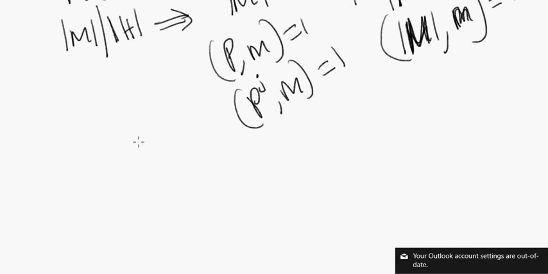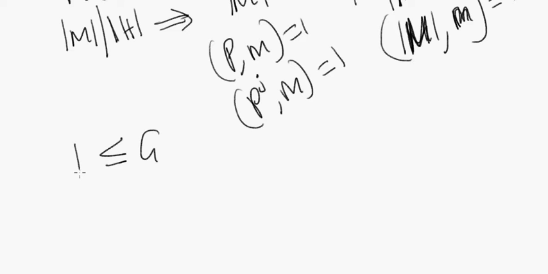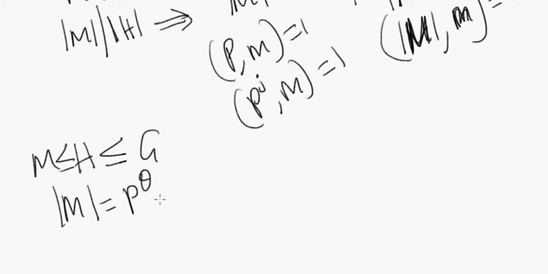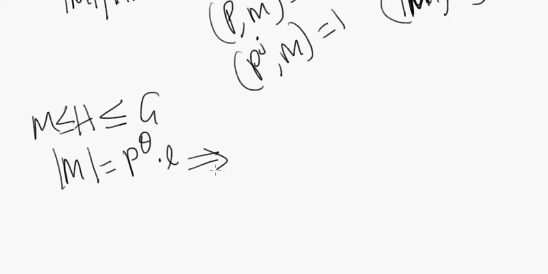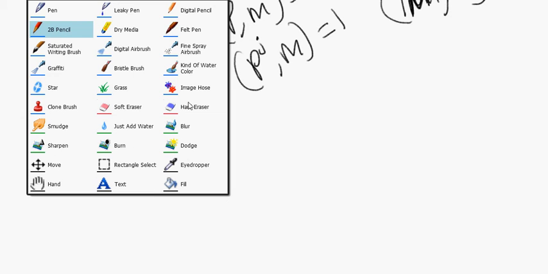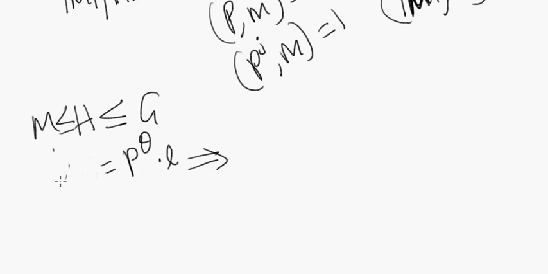So again, we started from G, we obtained a subgroup H, and now from H we obtained a subgroup M. We came up with the following: there's some subgroup H of G and the order of H equals p to the theta times L, where L does not equal 1.